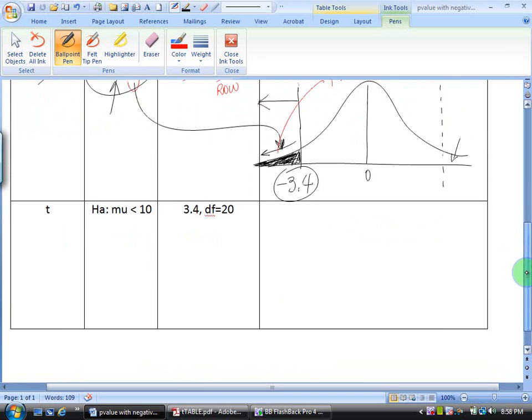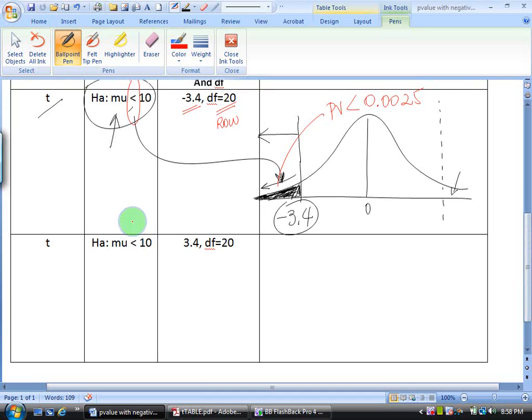Taking on another example similar to that, but note here HA says go to the left. Well, this test statistic was supposed to be negative, so let's make it negative. And let's switch side here. Okay? So this is what we have now. Here's the shape, same shape.